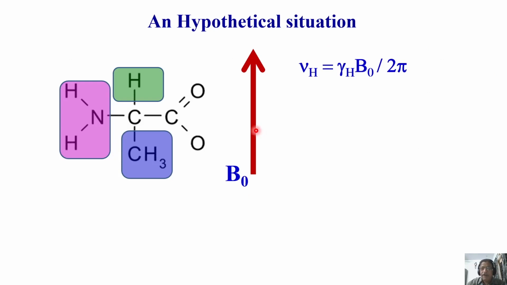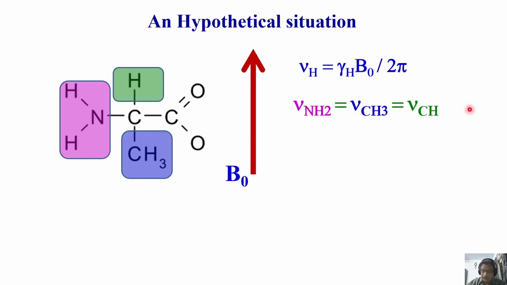Then what does it mean? According to this equation, the resonating frequency for NH2 protons, CH proton, and CH3 protons, all three are the same. That means there is no distinction between any functional groups as per this basic equation.